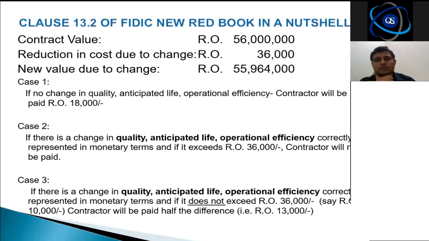Now, because of this particular change, you can see that there is a reduction in construction cost of 36,000, but therefore there is a new value due to change which is 55,964,000. Now, case 1, if no change in quality, anticipated life, operational efficiency, contractor will be paid 18,000.